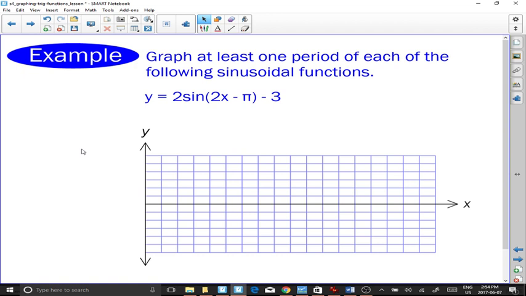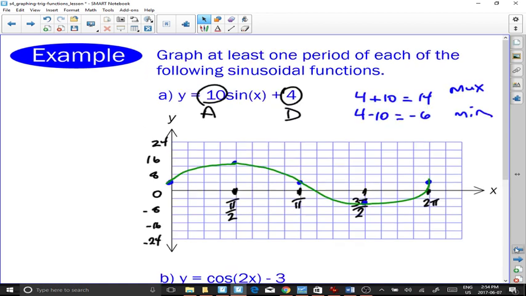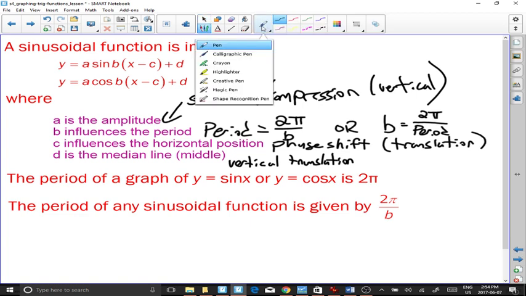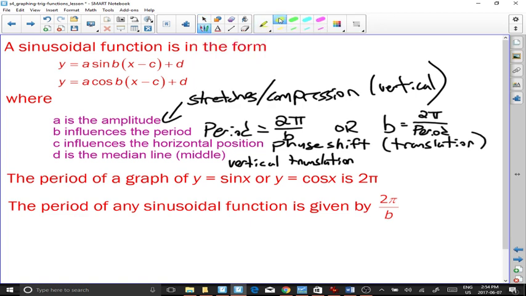Okay. So the problem with this expression is it's different than this expression right here. There is a distinct difference. Here, the b is factored out of this.